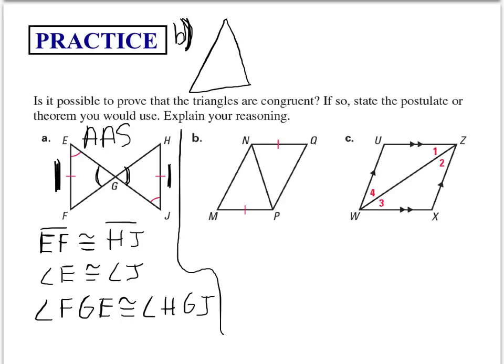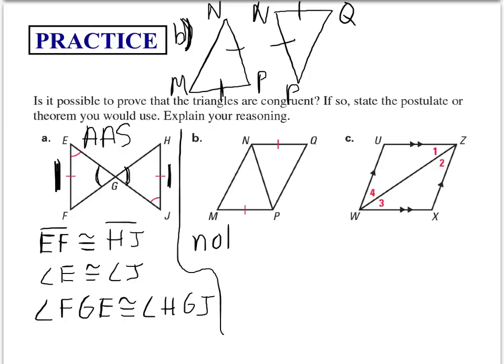So I have this triangle here off to the left, NPM, and I'm going to have my triangle off to the right, and this will still be N, this will still be P, but now this is Q. So we know that side NP is congruent to side NP, and they tell us that MP is congruent to NQ. Now, we have no other way of deriving any information off of these triangles. So, it's not possible to prove that these are congruent.